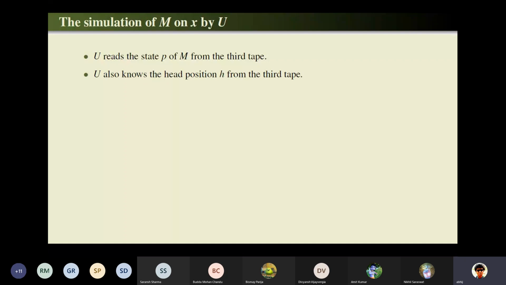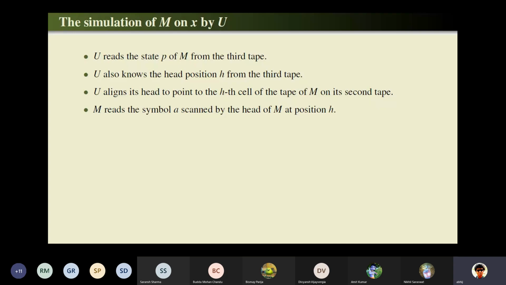U knows the head position from the third tape. You align its head to point to the h-th cell, which is not exactly correct because symbols are encoded like 0 to the power something, so it's not exactly the h-th cell. Anyway, it can go to the head position and the h-th symbol and find out whatever is there. So a is read, p is read.